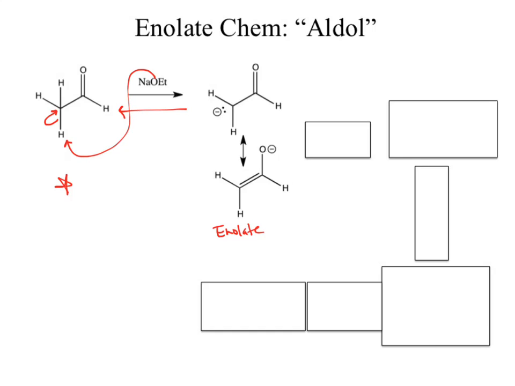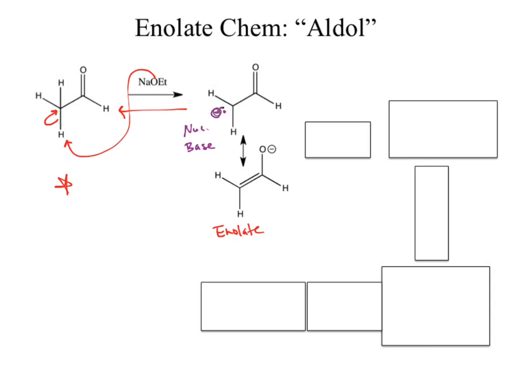Okay, so what chemistry is available to the enolate? We have a negatively charged carbon. That negatively charged carbon can act as a nucleophile or a base. Okay, if it acts as a base, we do the reverse reaction. Well, that was kind of boring.